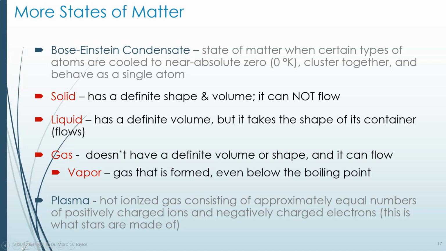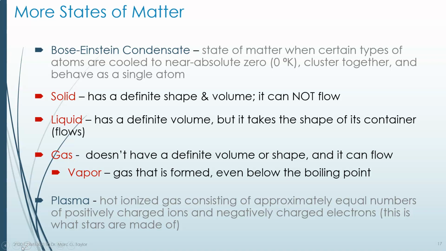Then we have some more exotic forms of matter, the Bose-Einstein condensate. The Bose-Einstein condensate was named for a scientist from India by the name of Bose, and of course, Albert Einstein. This actually came about because Bose had this brilliant idea. He knew that people weren't going to listen to him, so he wrote a letter directly to Einstein, and Einstein agreed it was a brilliant idea.